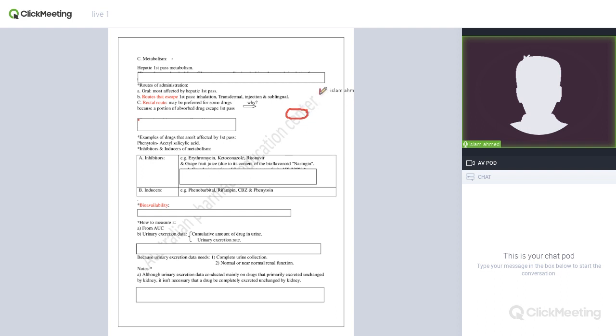So the dose given to the patient is metabolized first, then distributed, and the acting amount is the amount remaining from the metabolism process.